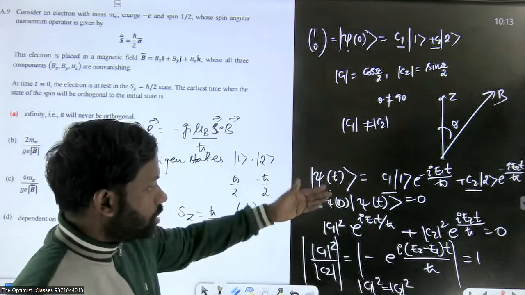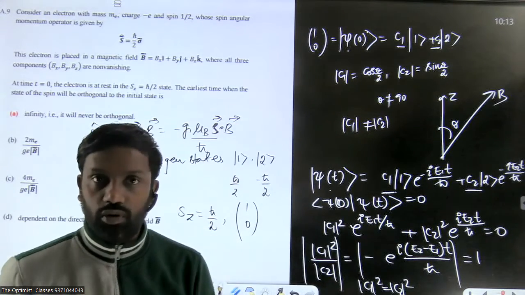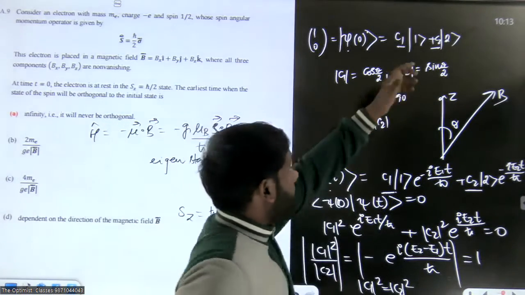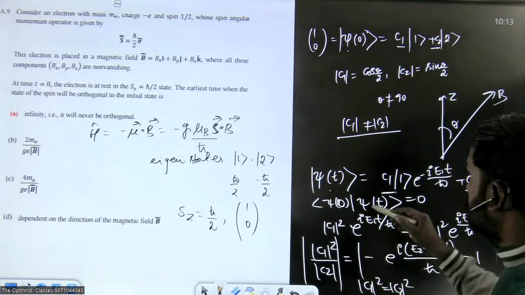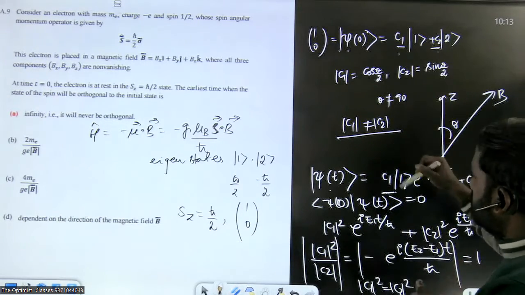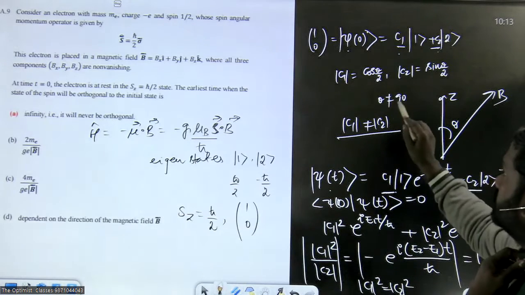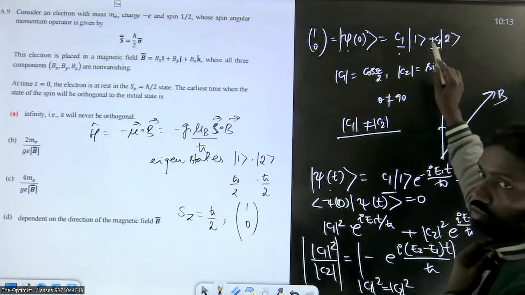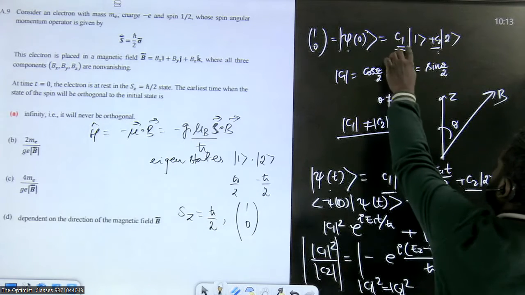So if we impose the orthogonality condition, we end up with |C1|^2 equal to |C2|^2. But from the beginning, we had assumed that |C1|^2 is not equal to |C2|^2. Therefore, if these two are not equal, the wave function can never be orthogonal, because if they become orthogonal, the moduli of these two must be equal.